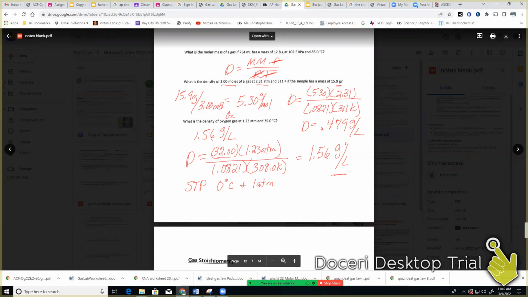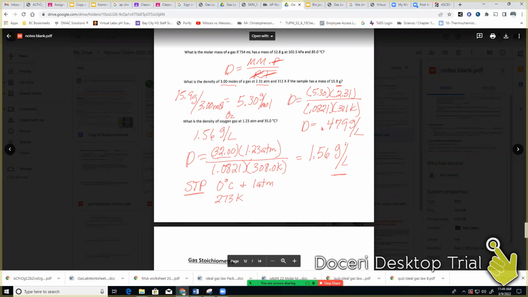But remember, if the problem tells you the gas is at STP, that stands for standard temperature and pressure. So if you know a gas is at STP, that is giving you a temperature and that is giving you a pressure. So in this case, 0 degrees Celsius, we wouldn't want to use that. So we would use 273 K, not affecting your sig figs.